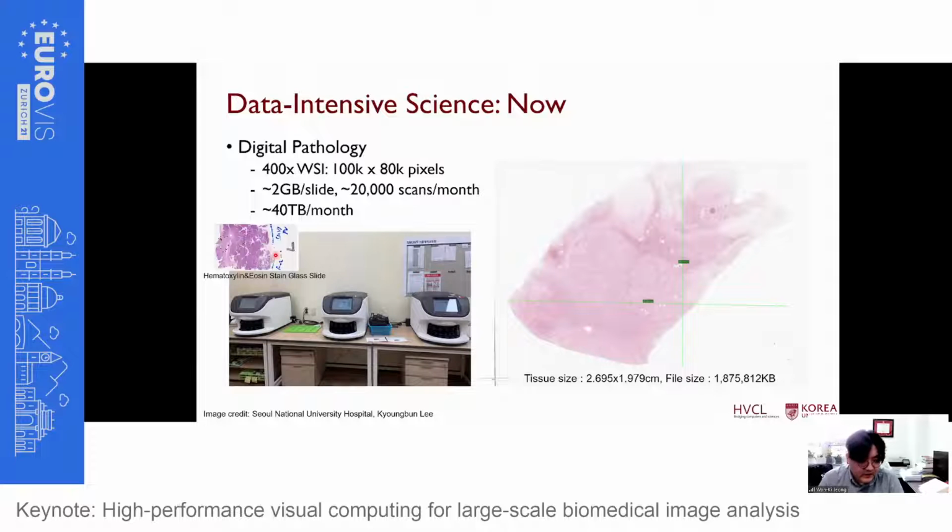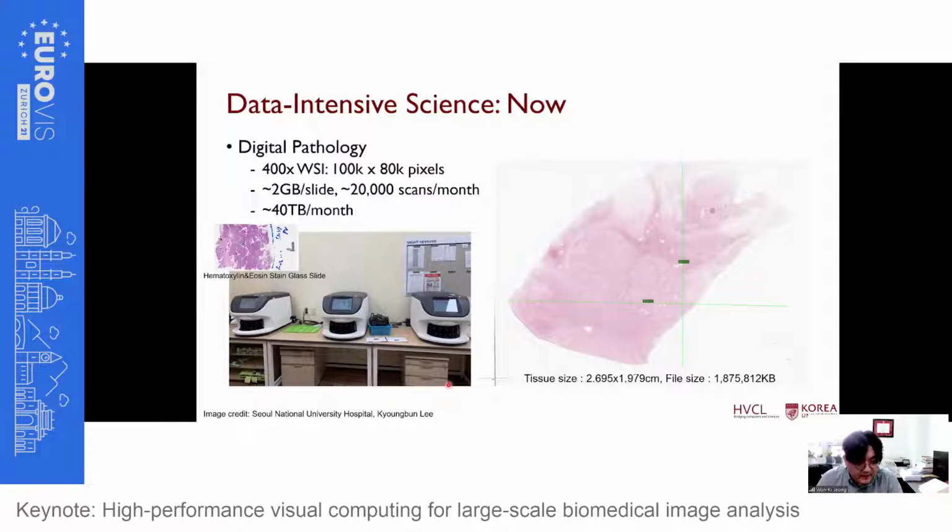But these days, they use high-resolution scanners, as you can see here. Those are actual scanners, and they can make a digitized slide fully automatically. They can load hundreds of glass slides into one machine, and generate digital images 24 hours a day. This is an actual picture from the Seoul National University pathology department.